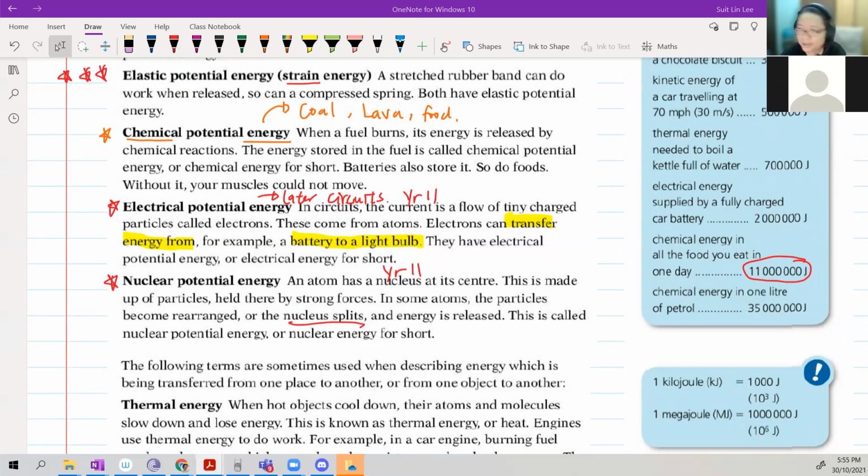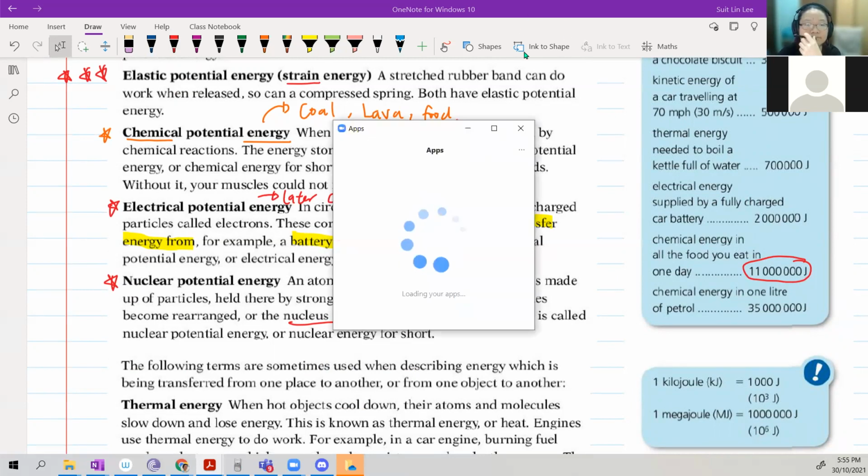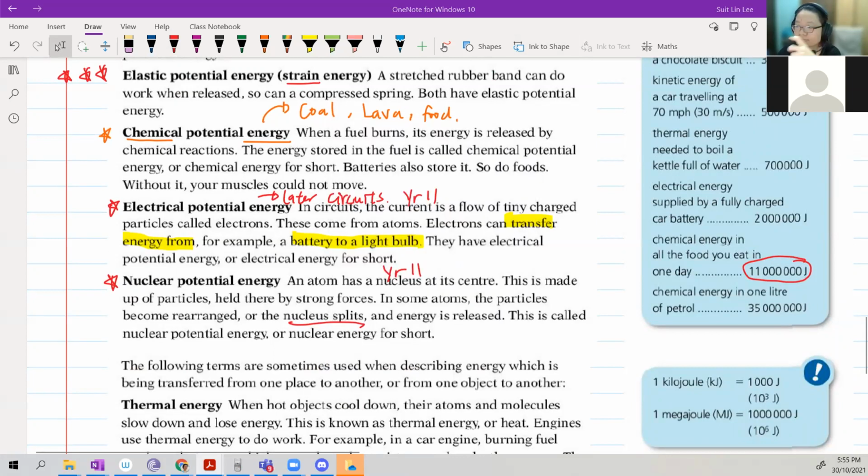Any thoughts? Any ideas? What is the energy used for? Every day you eat so much food.